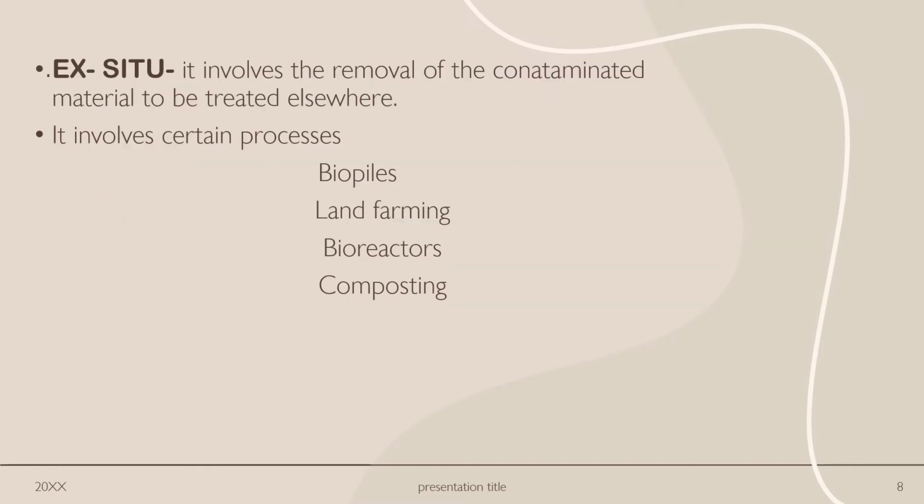The second type of bioremediation is ex situ bioremediation. Now this type involves the removal of the contaminated material to be treated elsewhere and not at the site of action.